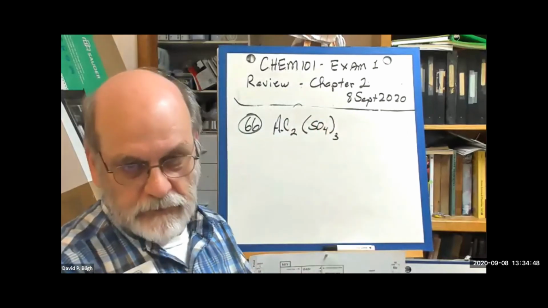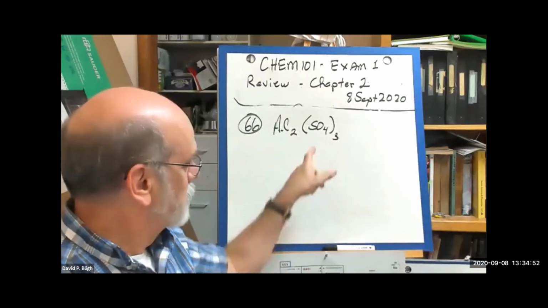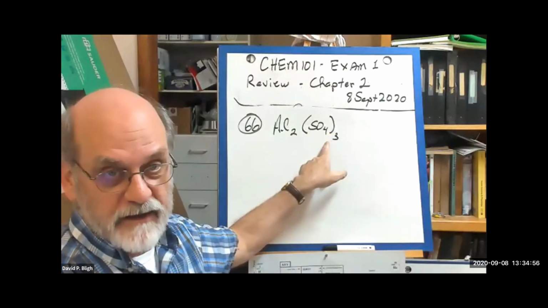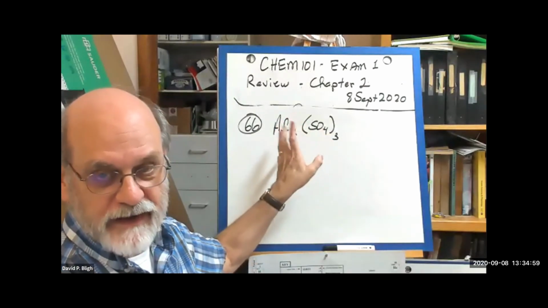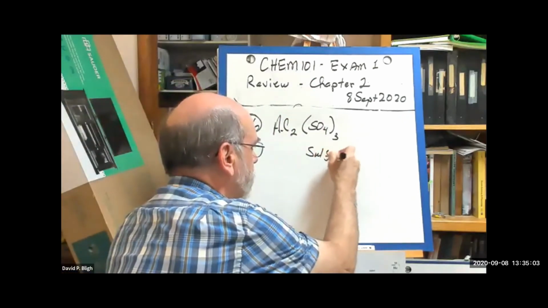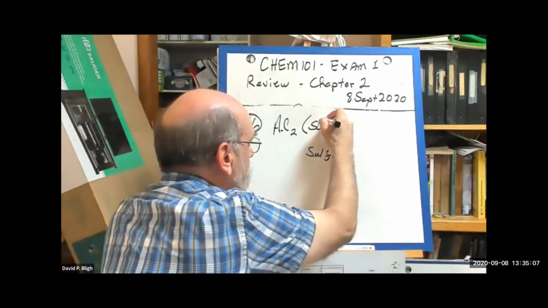Okay. Do we have a polyatomic there? Oh yeah, because this one is in parentheses. That's definitely a polyatomic. So you look it up, find out it's sulfate. Sulfate has a 2- charge, right?